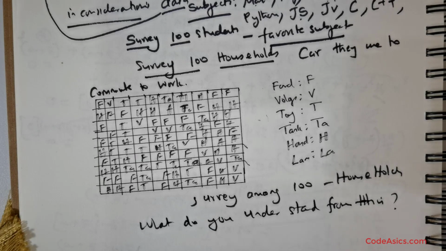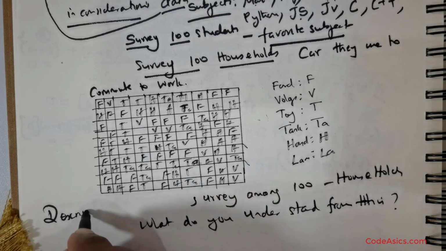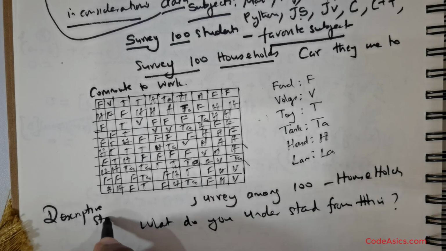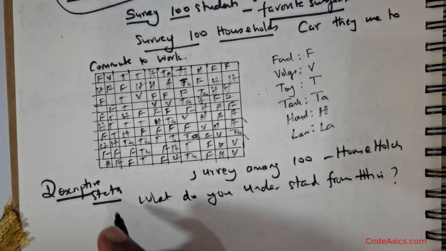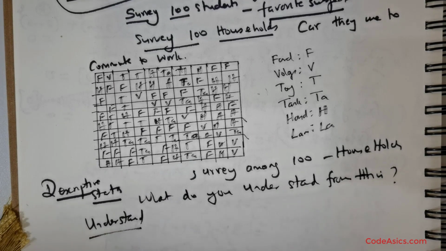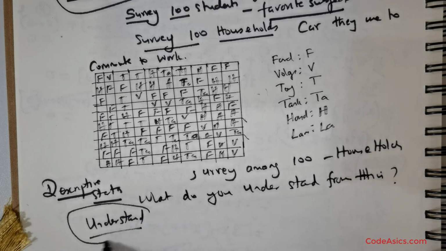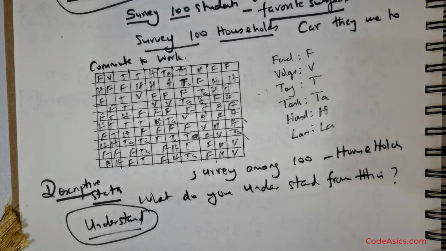What do you understand from this? Because we are actually dealing with descriptive statistics, and in case of descriptive stats, we are all the time trying to understand what the data is telling us. So this is the key word, have it in mind.